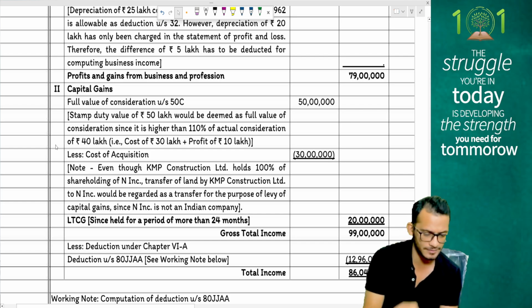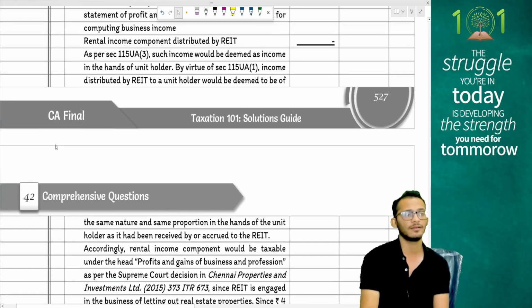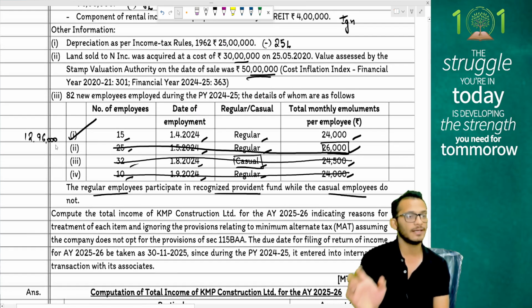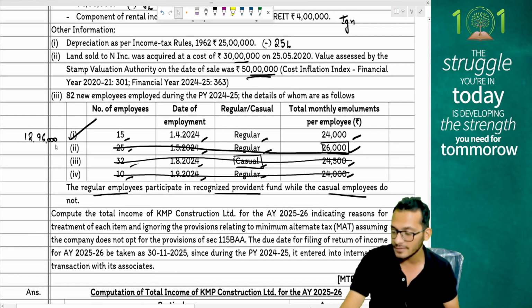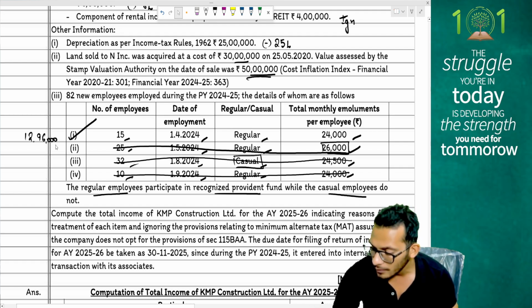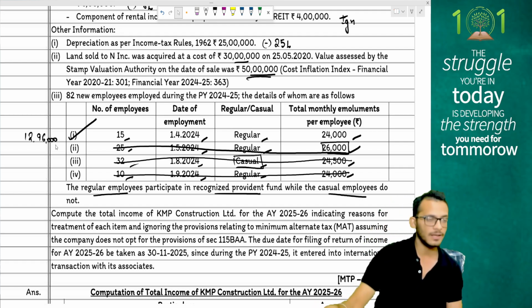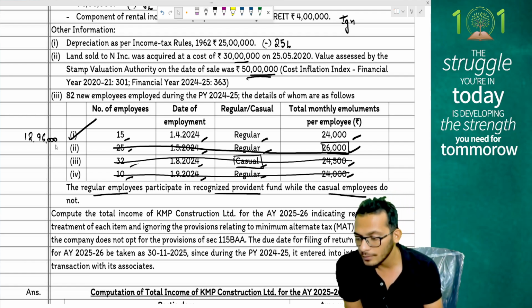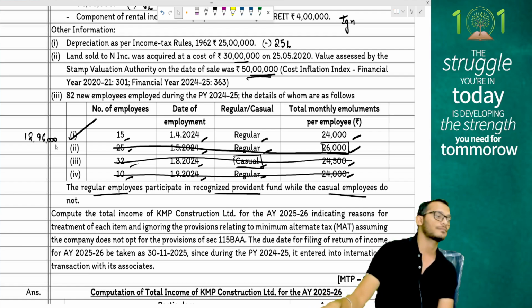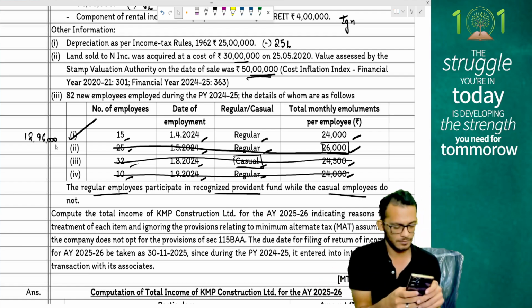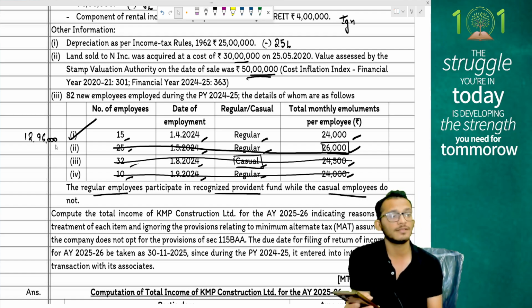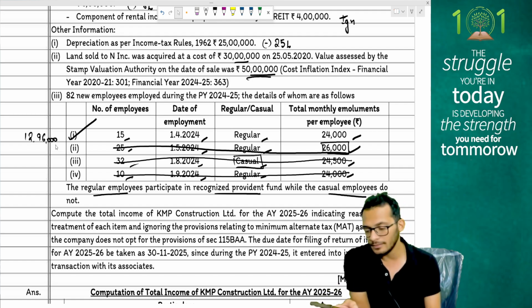Number is 30 lakhs in first column in brackets. We'll come to that. Yes, total number, bring it to the last column. Number is 20 lakhs.